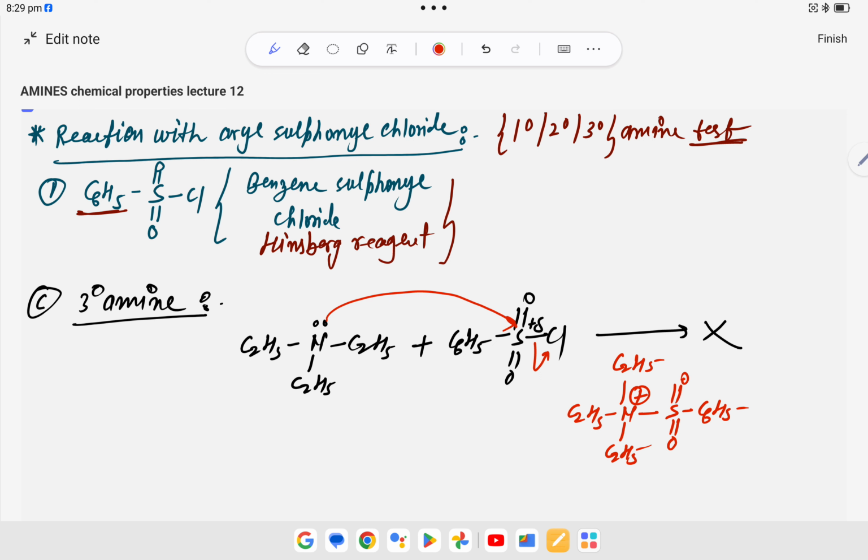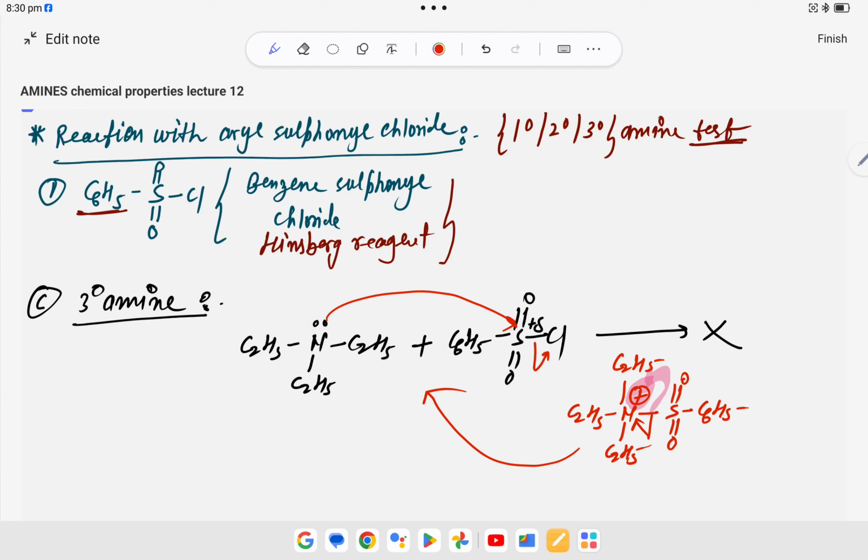For this positive charge there is no acidic hydrogen available to vanish it, so again it will take electrons from here and reverse back. That is why the reaction is not possible. So that's why I told you it's a test for 1, 2 and 3 degree amine.